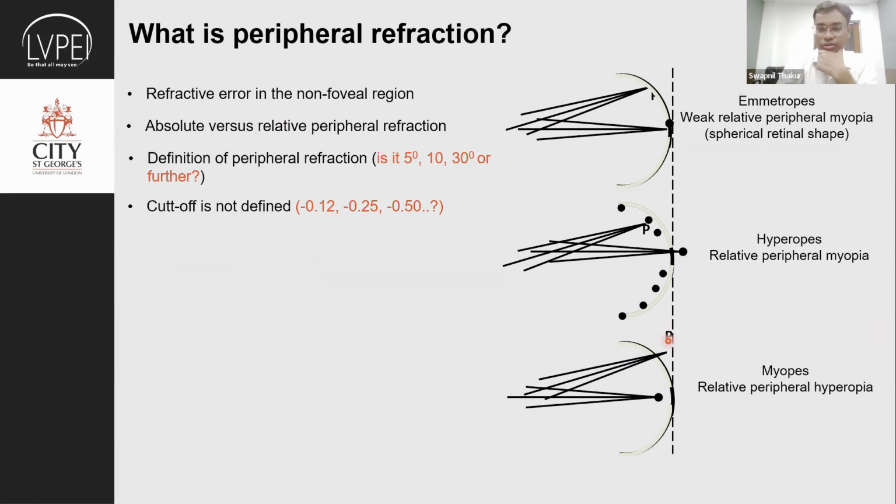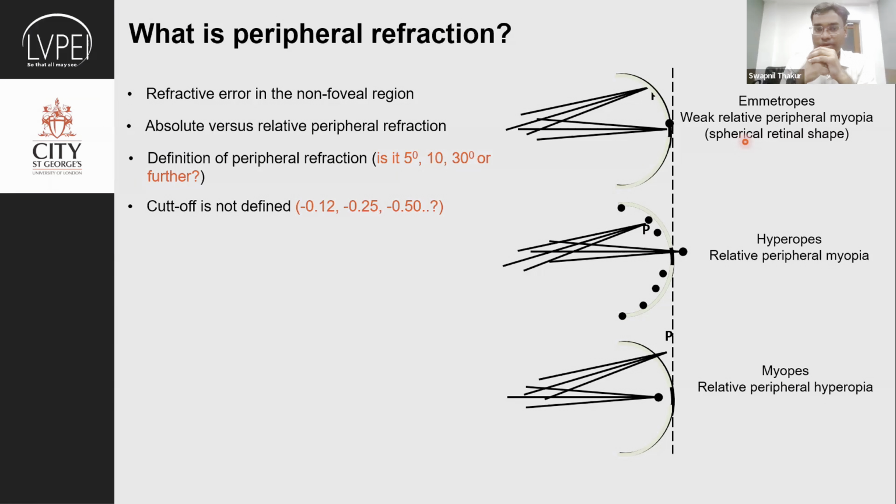If you focus on the right-hand side figure, the bottom figure, in the case of a myope where the rays are focusing in front of the retina, we usually tend to see a relative peripheral hyperopia, where the rays are focusing behind the retina in the peripheral portion. The opposite is true for the hyperopes, where the central rays are focused behind the retina. However, the rays in the periphery are focused in front of the retina. And similar for the emmetropes.